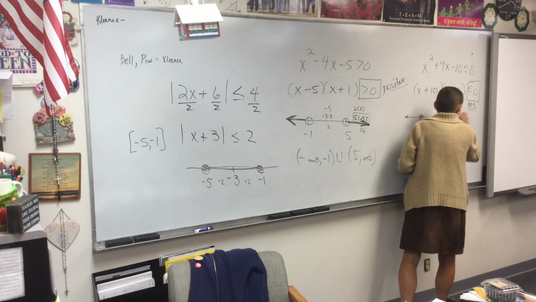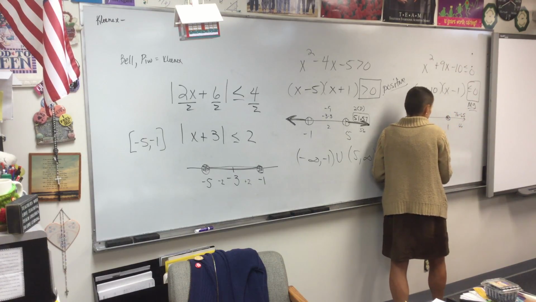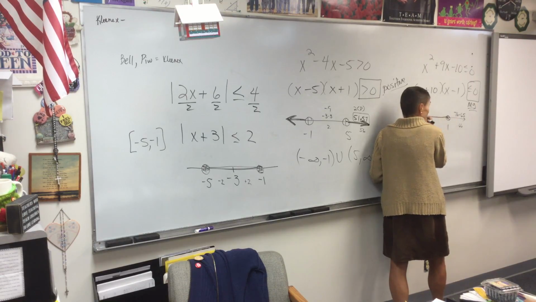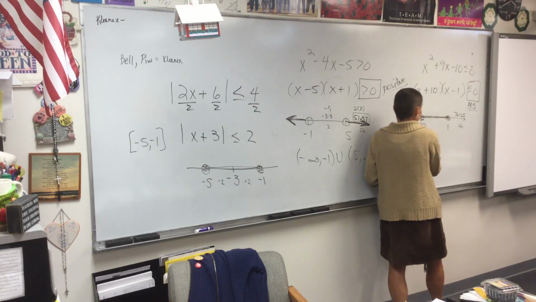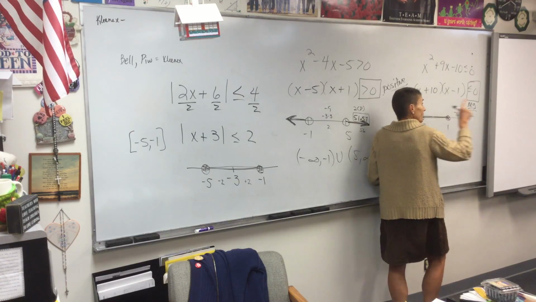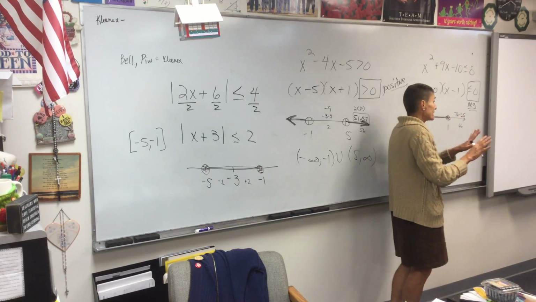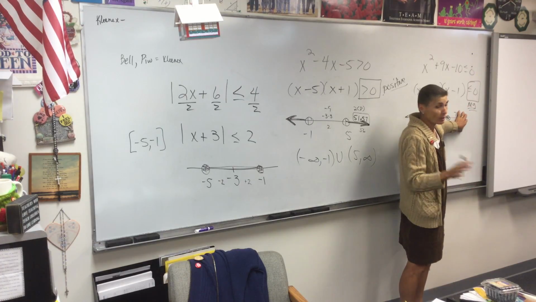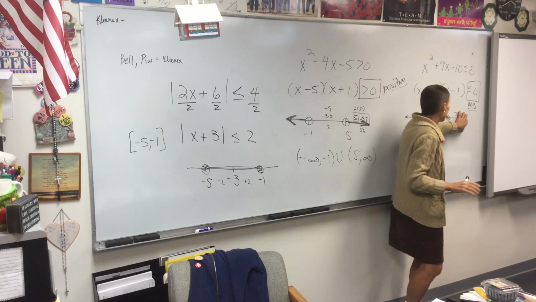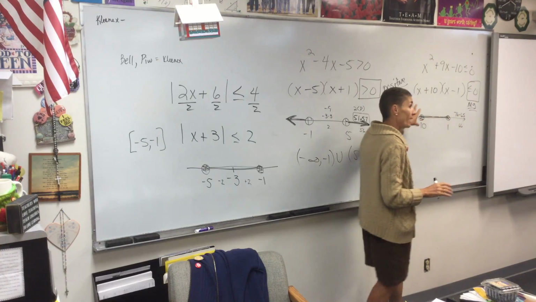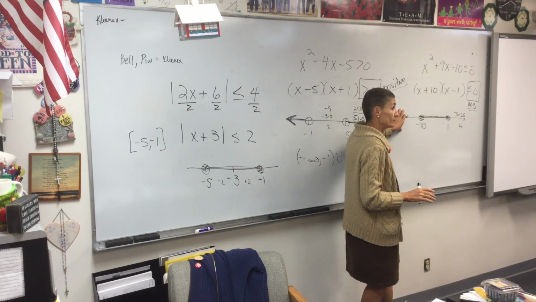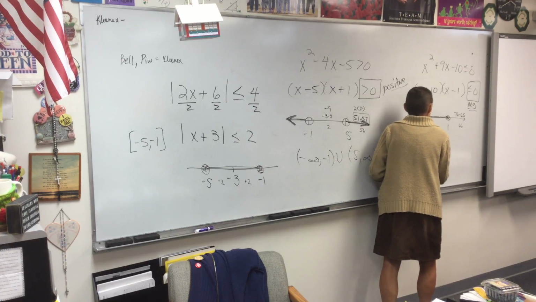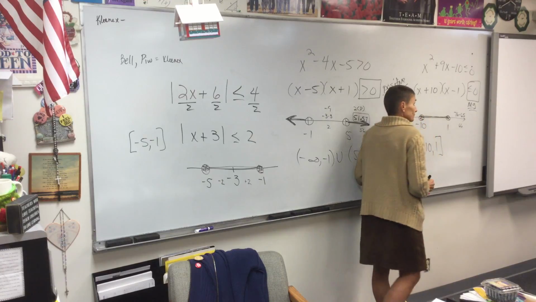Now if I don't shade that because it didn't work, what am I going to shade? This one? And what about this one? No, it alternates. This time, the number I tried didn't work, so I don't shade it. That means I do shade and I don't shade. So my answer is -10 to 1.